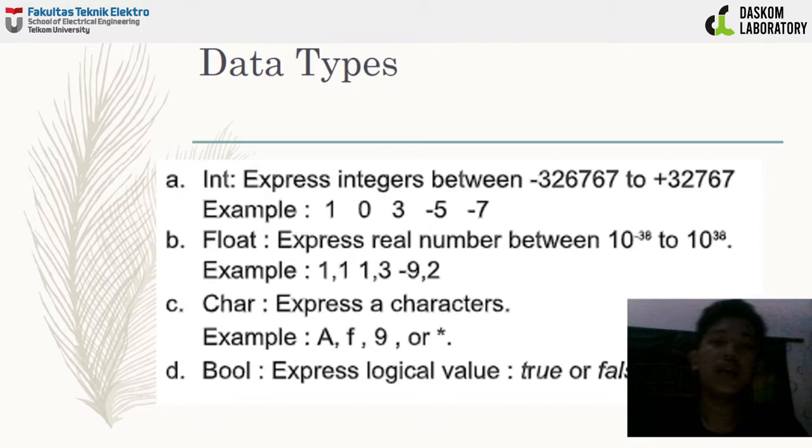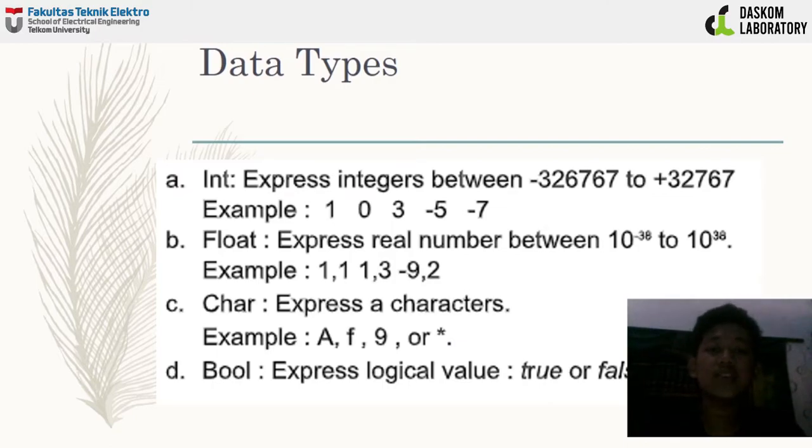It can be used as a symbol, like in an example where it contains 9. The 9 here is not acting as a number, but as a symbol. The same as this star symbol, you can use it in the character data type.